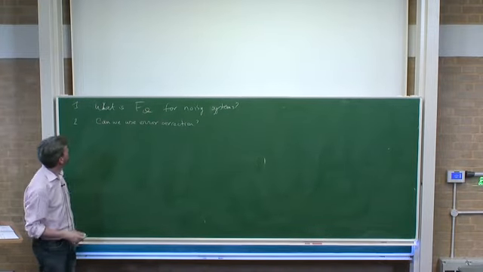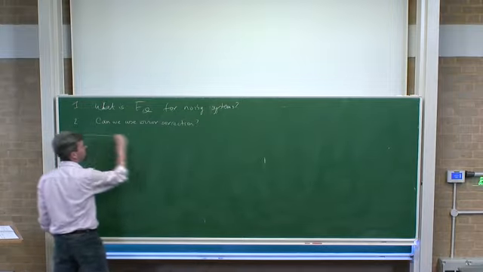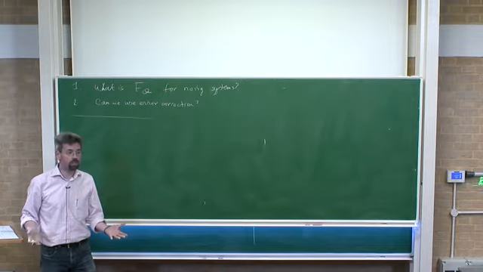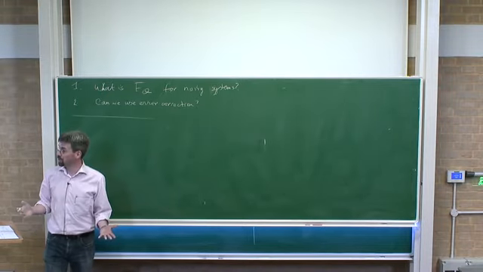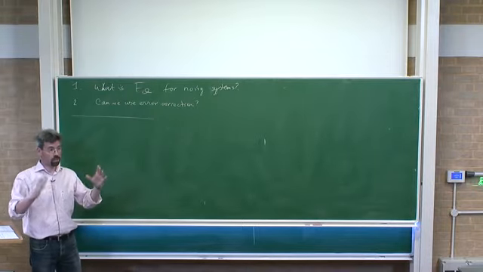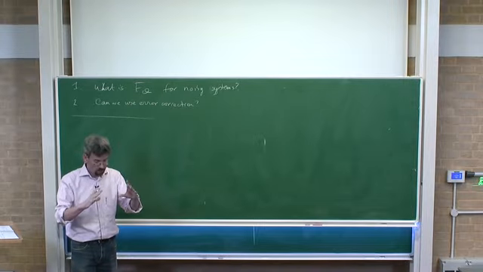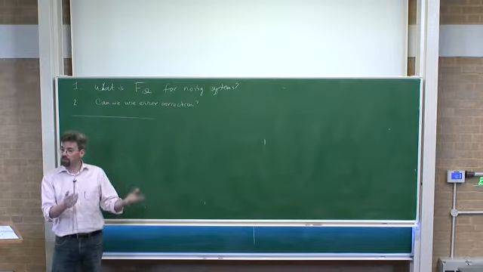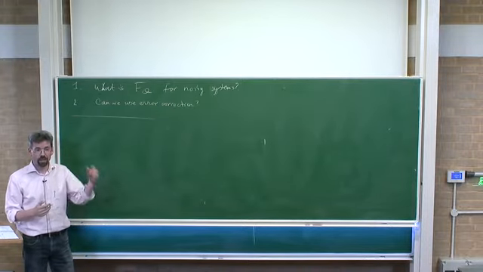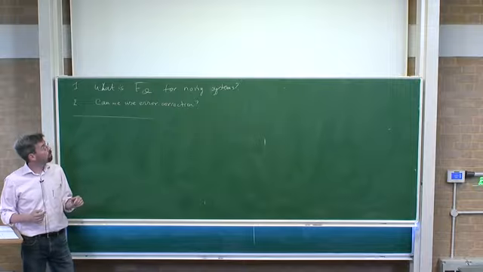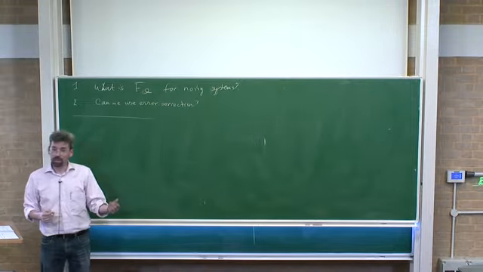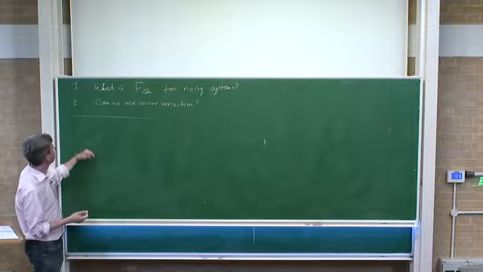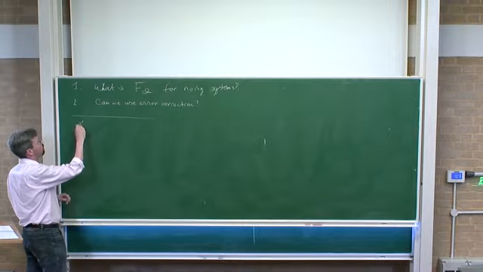And so the first one is, what is FQ for noisy systems? Now, when we bounded the quantum Fisher information in terms of the variance of the generator, so FQ for pure states was equal to 4 over h bar squared delta G squared, we assumed unitary transformations, and we used the von Neumann form for rho prime, right?